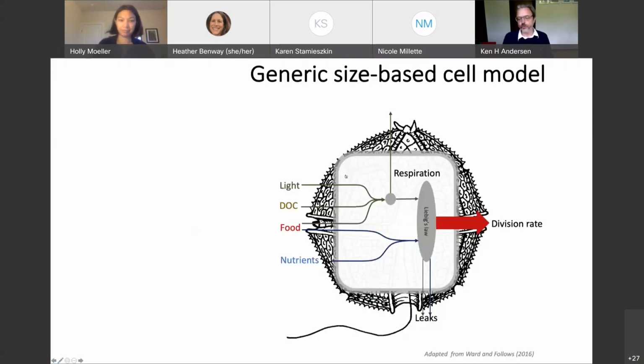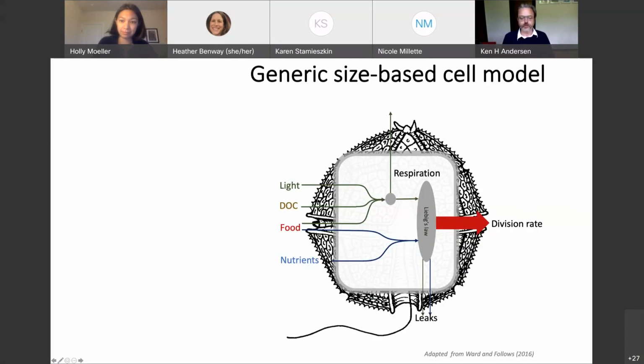What I want to do is to make a cell that's generic, a cell that can do everything. This is essentially an adaptation of the model that was first presented by Ben Ward a few years ago. And the idea is that I'm not trying to prescribe anything about this cell. It's a phytoplankton, a zooplankton, mixotroph. I just say it can do anything. It can take up light or do phototrophy.